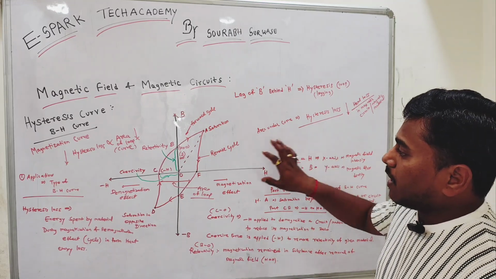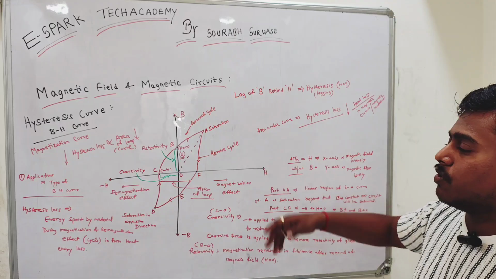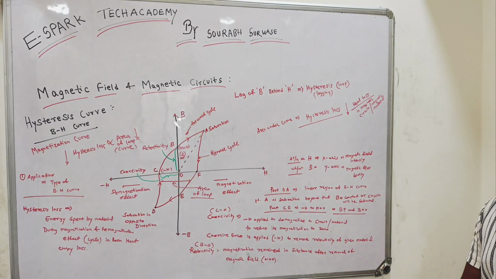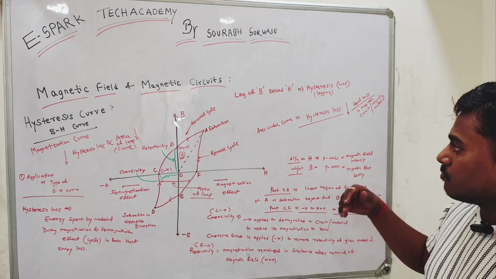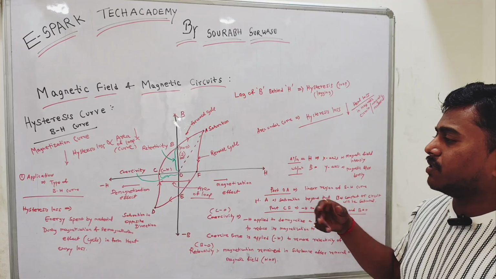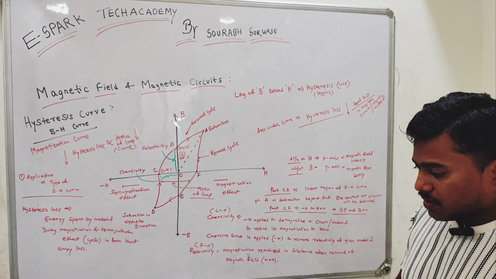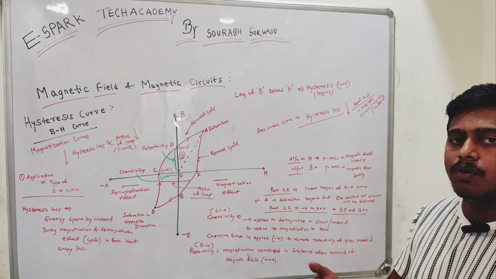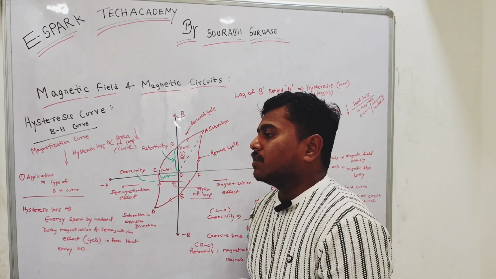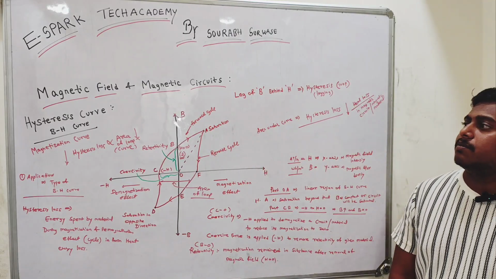And for a larger hysteresis loop we go only for permanent magnets, hard magnets, where in manufacturing we do that for testing purposes and in order to create that material into a permanent magnet.